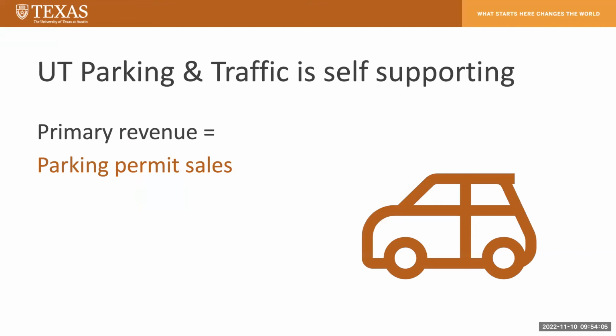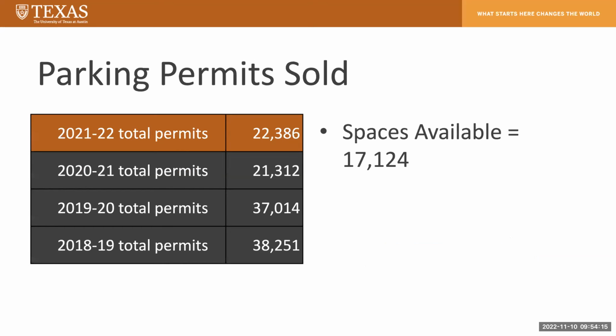Now, the parking traffic enterprise on campus is basically self-supporting, and it's funded by parking permit sales. So let's see what the parking permit sales look like. For last year, 21-22, they sold about 22,400 parking permits. Remember, total spaces available 17,124.